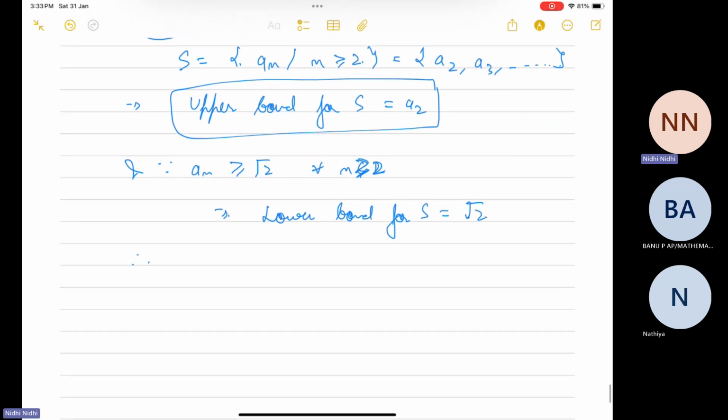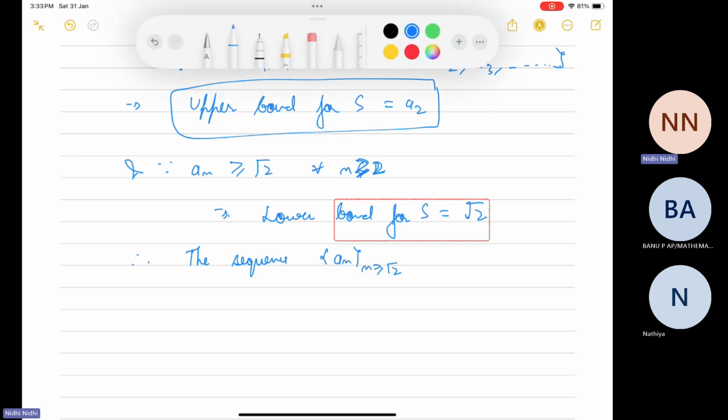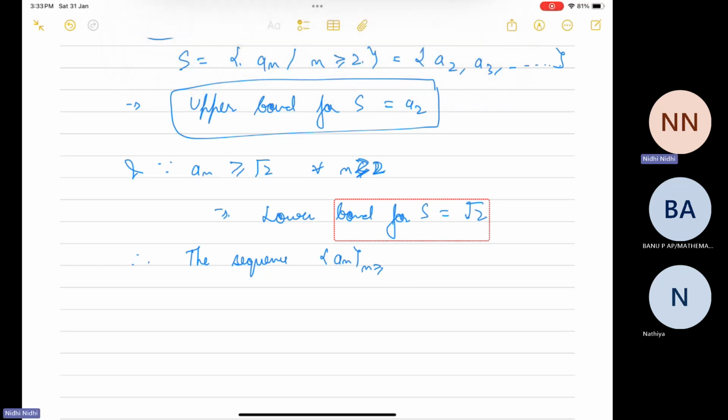Therefore, the set S, the sequence an, n greater than or equal to 2, is bounded. That's what we needed to prove.